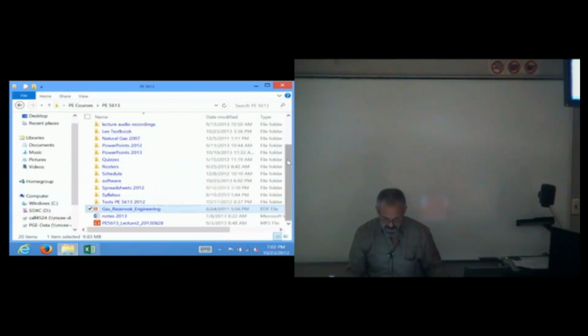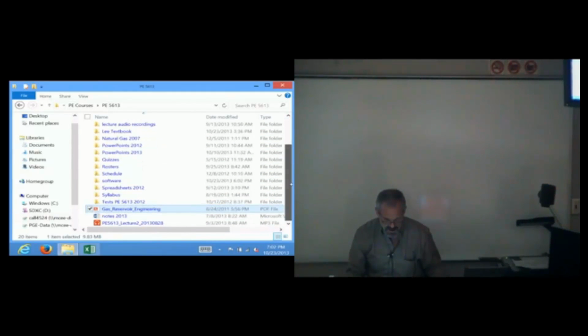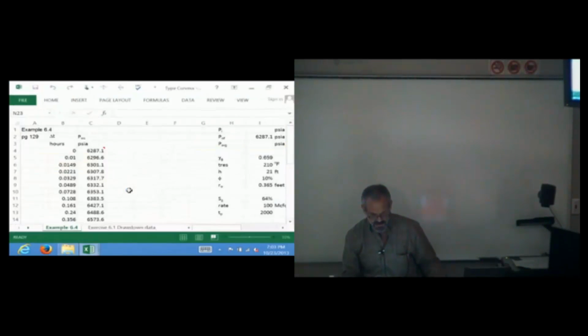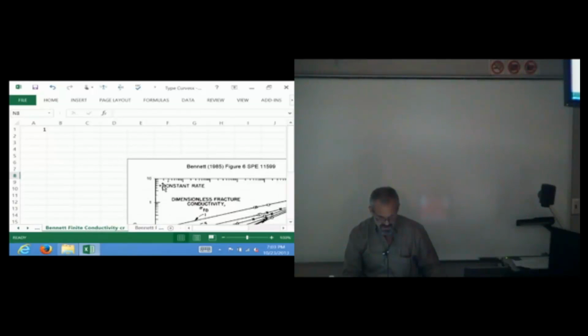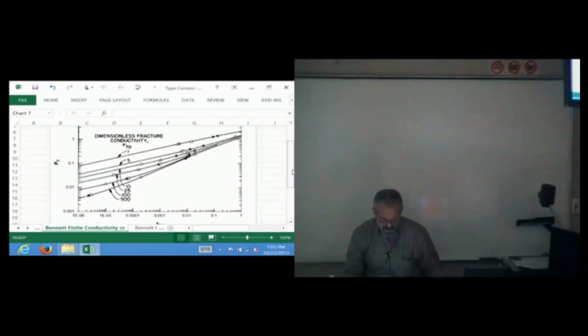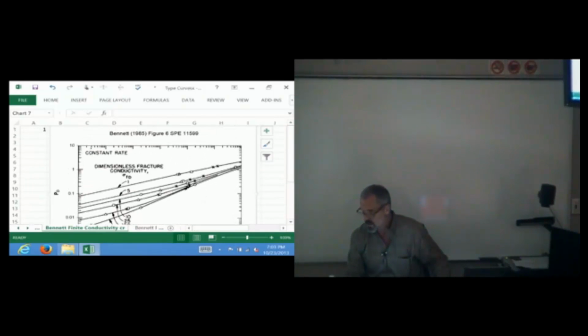Let's get a finite conductivity fracture type curve. This is for constant rate, so that's a drawdown or a buildup.